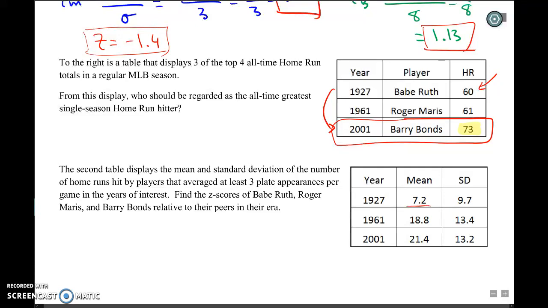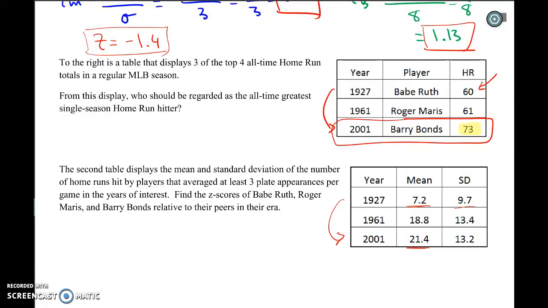In 1927, the average number of home runs per year was only 7.2, with a standard deviation of about 10. And when Barry Bonds was playing in 2001, they were hitting on average 21 home runs. So, why? Well, I don't know why. Probably technology, better bats, better balls, better diets, better weight programs, better training programs, steroids, right? The game is just different.